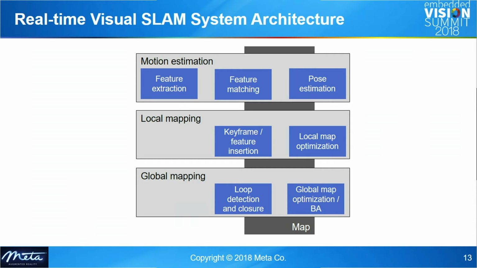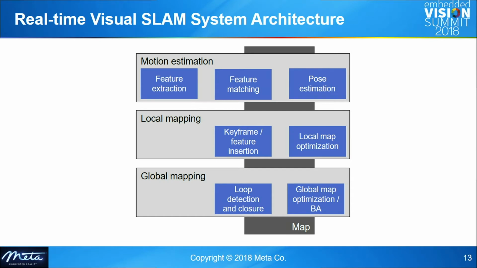On the top, we have the motion estimation. Usually, in a real implementation, this is one of the 2 or 3 threads. The motion estimation finds the features in the environment, and based on comparing those features to the map, it then estimates the three-dimensional, or 6 degree of freedom, pose.